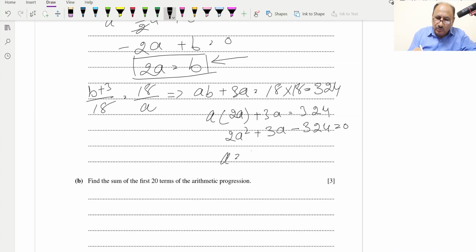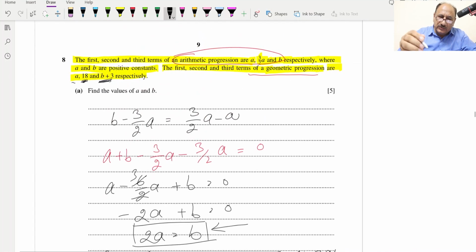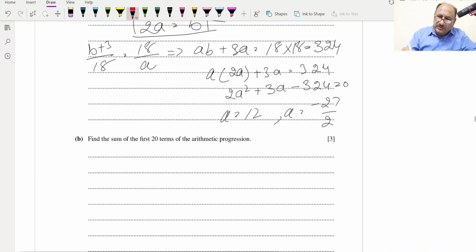So a is equal to 12 and a is equal to minus 27 over 2. It is given in the question that these are positive constants, right? So we can reject this one because it is a negative number. So a is equal to 12.